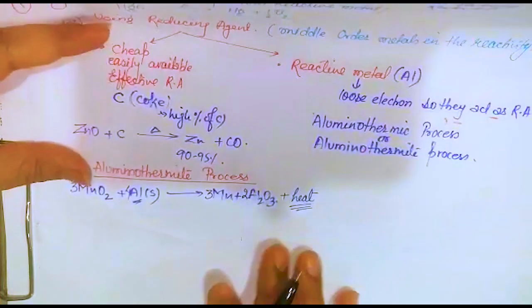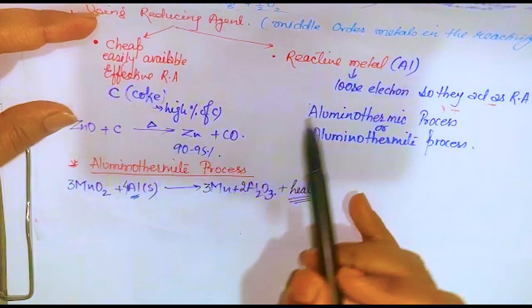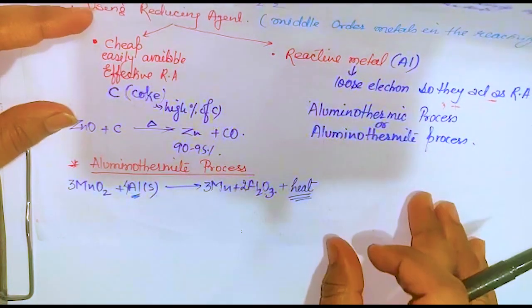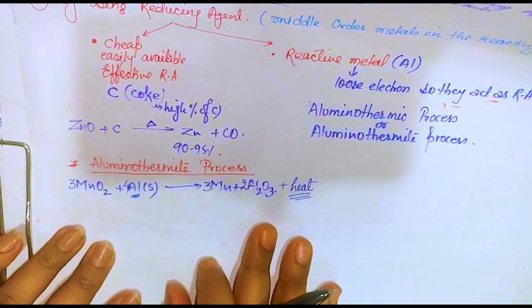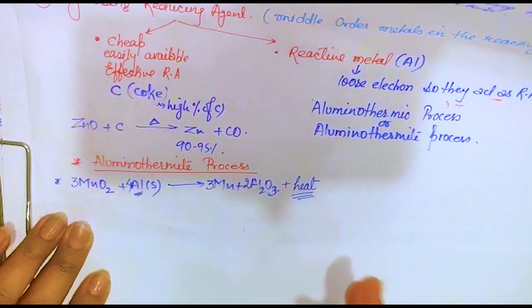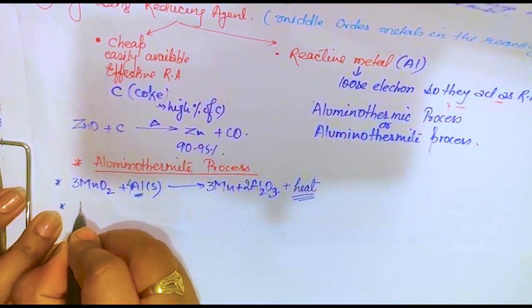Now, coming to the second method for the aluminothermite process, we can also use ferric oxide. This is the first one, and second, we can use ferric oxide instead of MnO2.